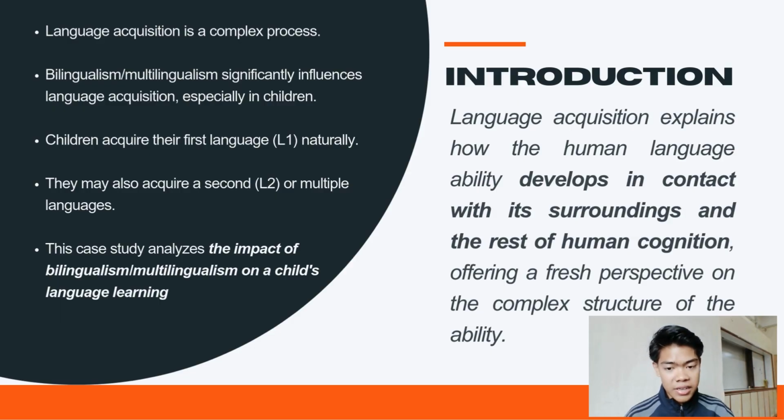This L1 is the starting point for language acquisition, but a child may also acquire a second language, or in educational jargon, L2. Or if a child has a better cognitive development level than other children, they will perhaps learn more than two languages as they progress through holistic growth.